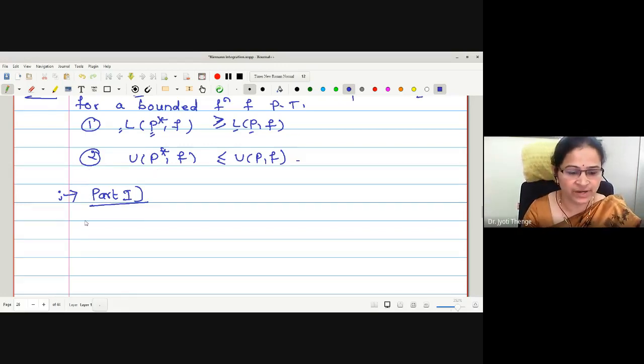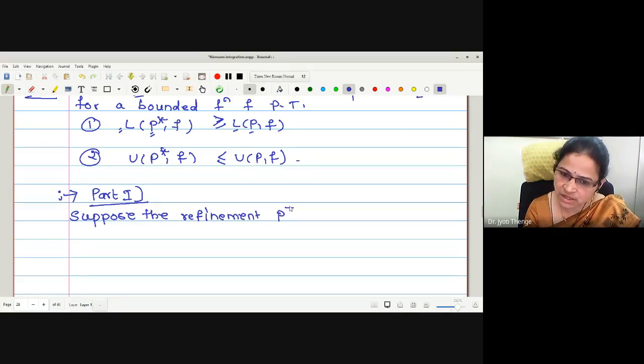Okay, I will write it. Suppose the refinement P star of P contains just 1 point more than P. Why are we doing this?